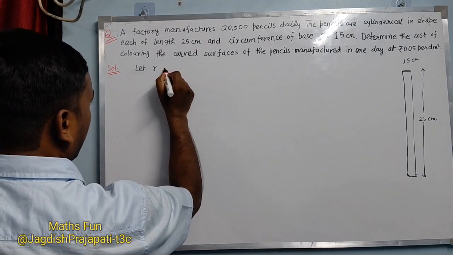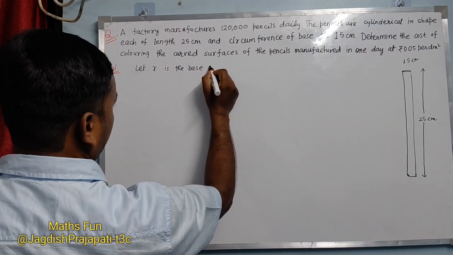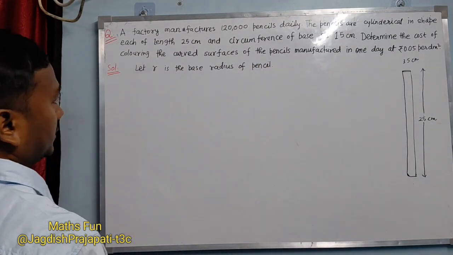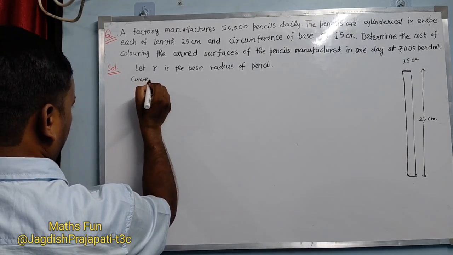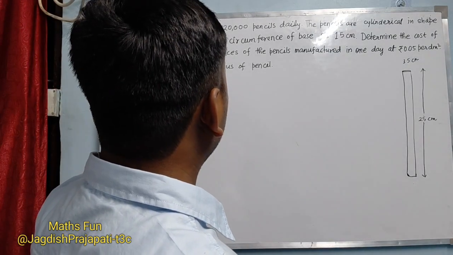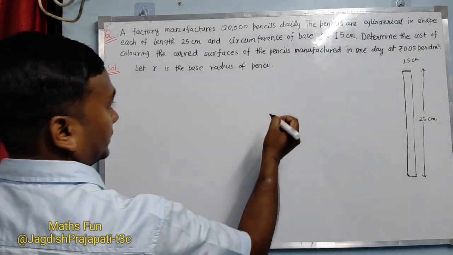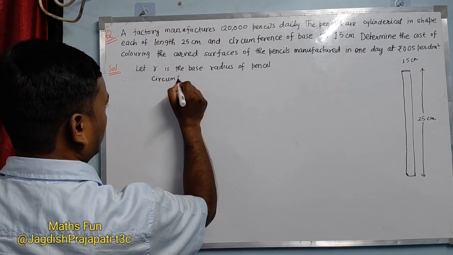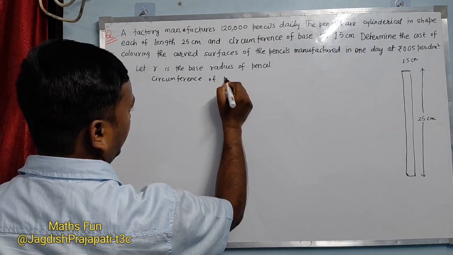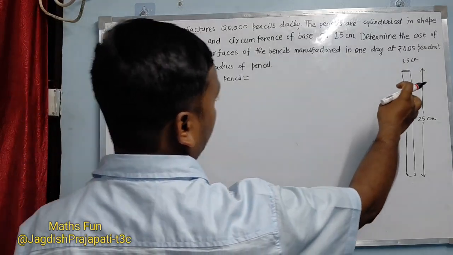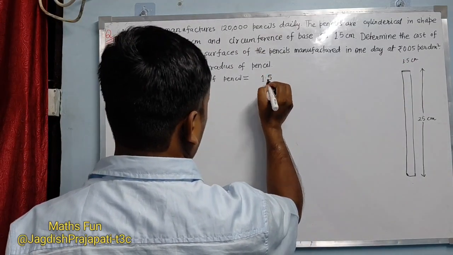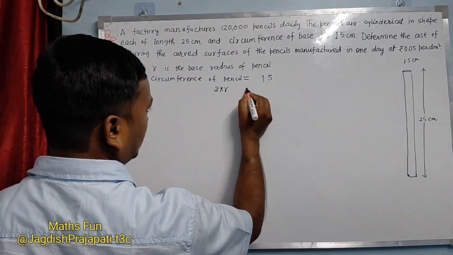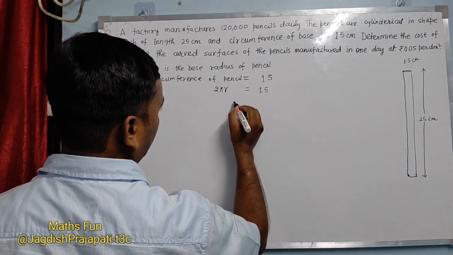Let r be the base radius of the pencil. Therefore the circumference of the pencil, which is given as 1.5 centimeter, is equal to 2 pi r.